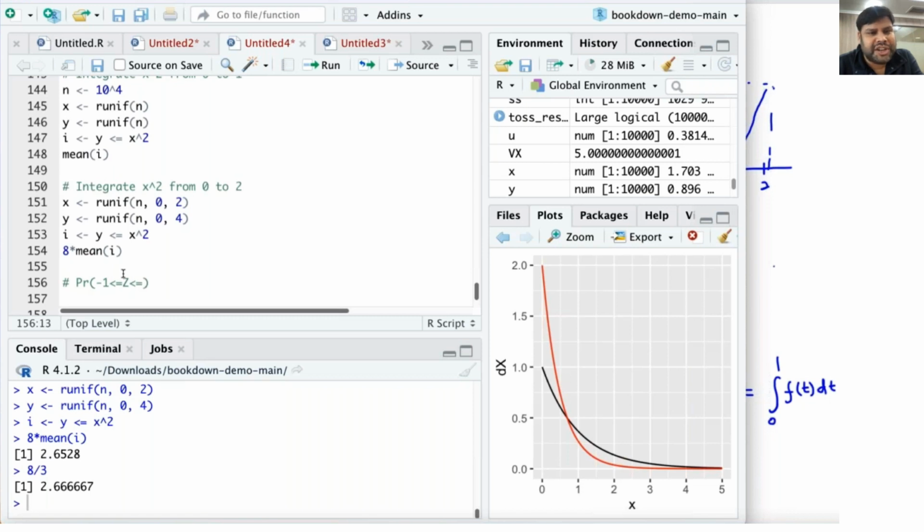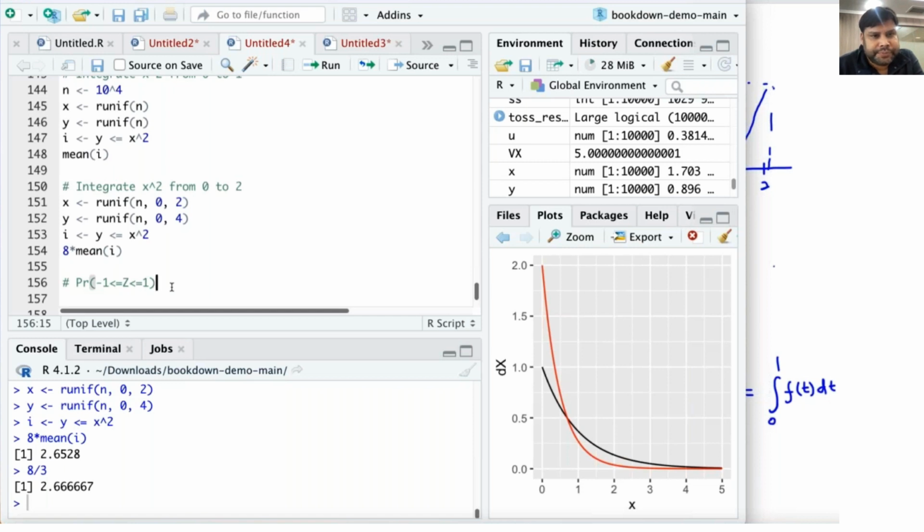We know it's 68%. But now we want to use Monte Carlo integration by integrating the density function from -1 to 1. Is the question clear? So you have to do the definite integral of the density from -1 to 1 using Monte Carlo integration.